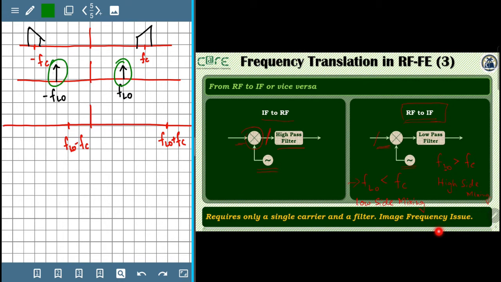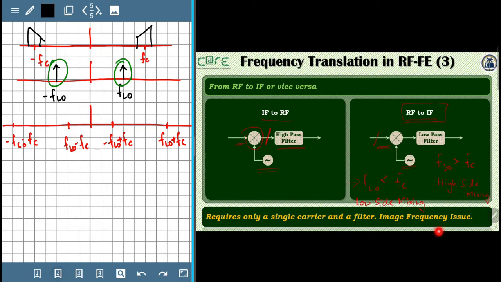Now let's take a look at what will happen as a result of this impulse. There will be a contribution at minus FLO minus FC, that will be here, and there will be a contribution at minus FLO plus FC, which will move towards the positive side, and you will find a contribution here.